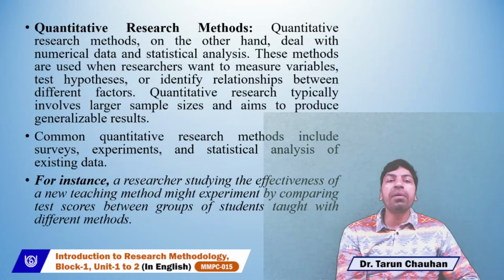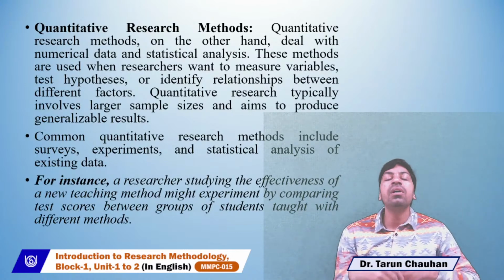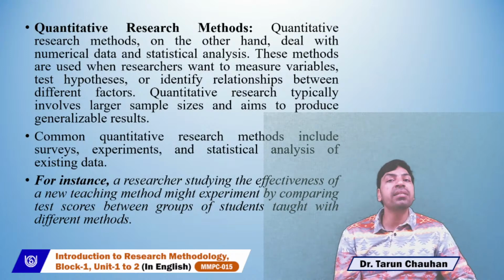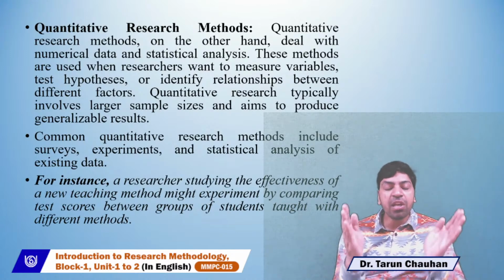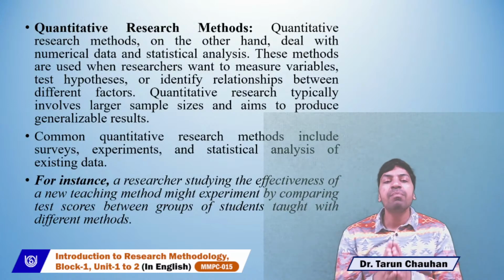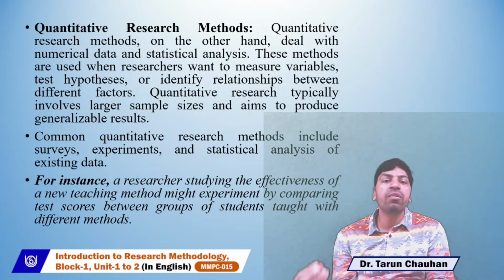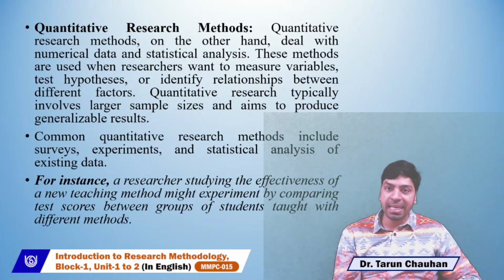The next one is the quantitative research method. The quantitative research method deals with numerical data and statistical analysis, where any variable or issue needs to be proven in quantitative terms.